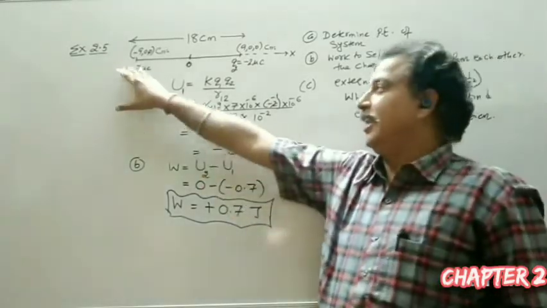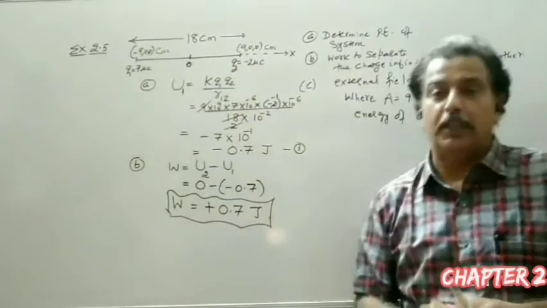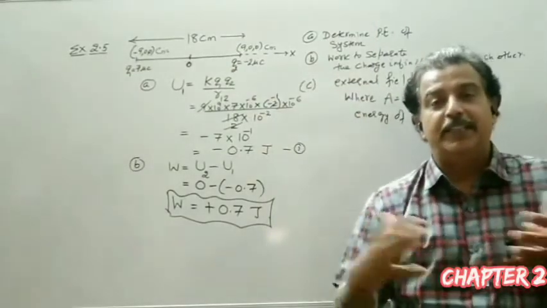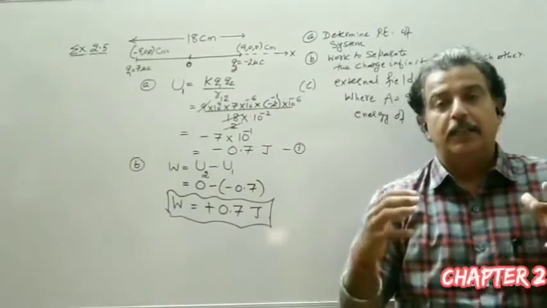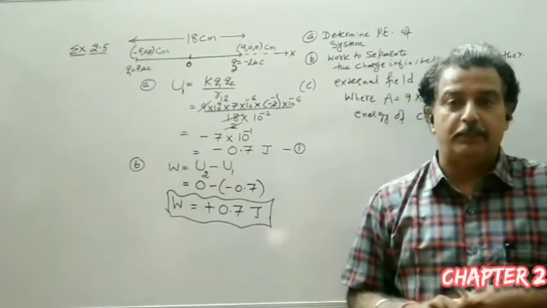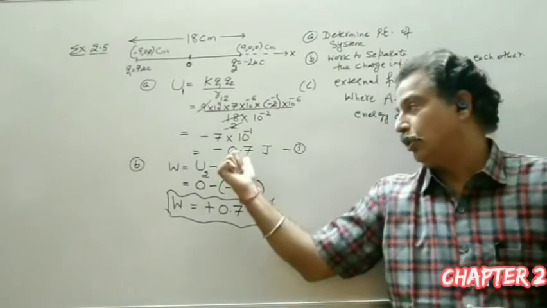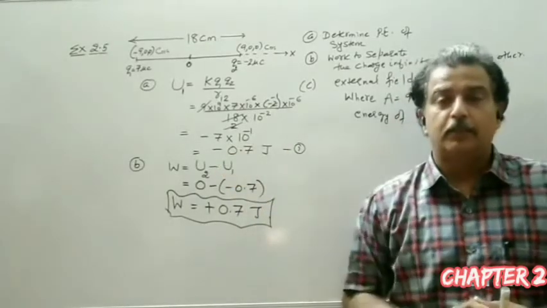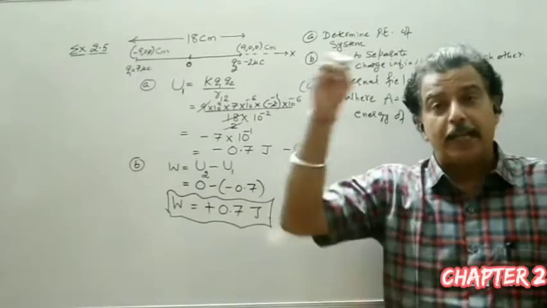Each creates its own electric field, so they are kept in each other's electric field, and we have to maintain the distance of 18 centimeters. So we spend this much energy to make up this configuration. Now there is an external field.